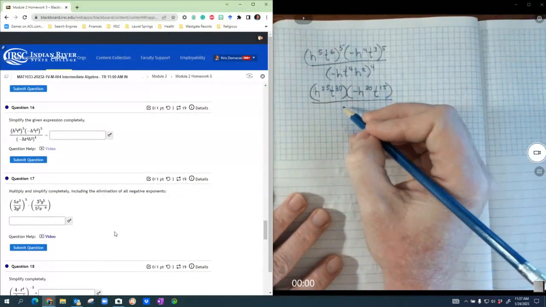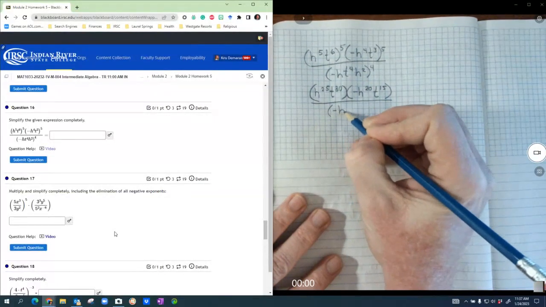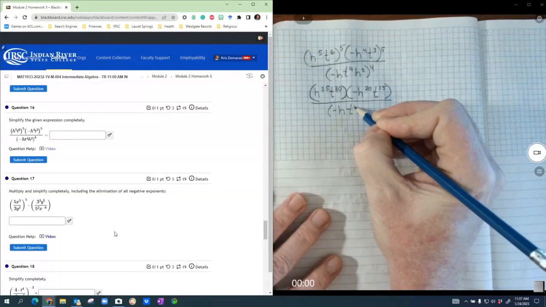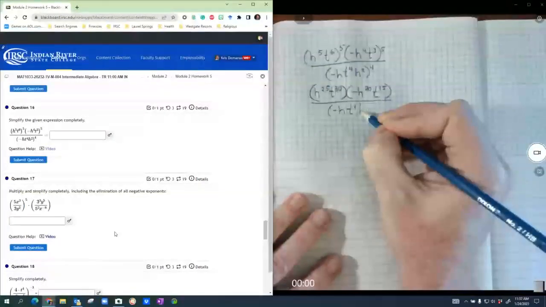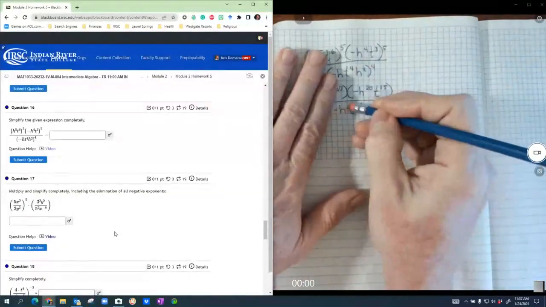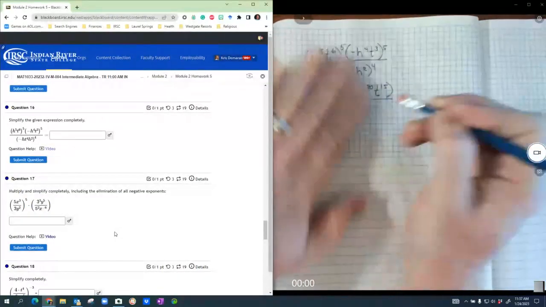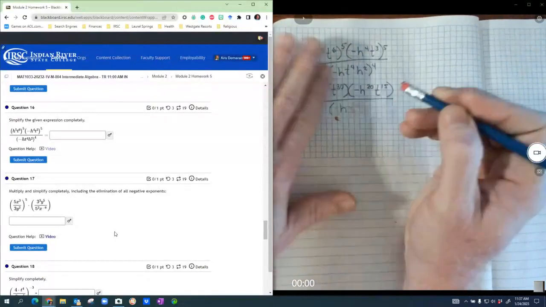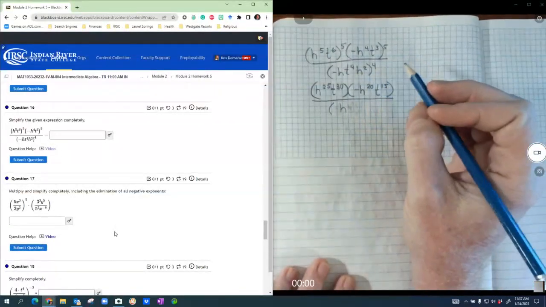Now, this also has a negative sign in it, all right? But it's being raised to the 4th power, which is even. Oh, excuse me. I already wrote it down here. When it's even, I'm going to go ahead and take the negative sign and erase it. That's what I do with that negative sign, all right?